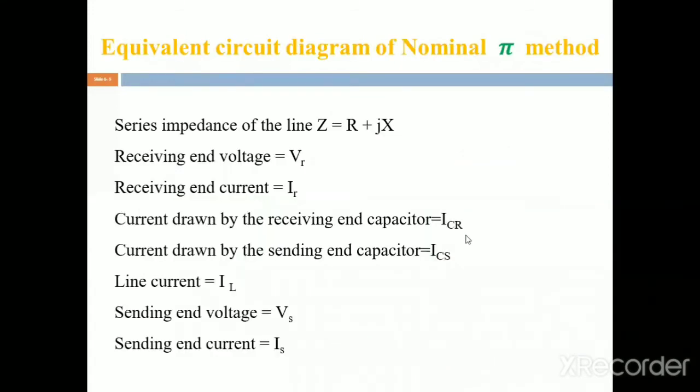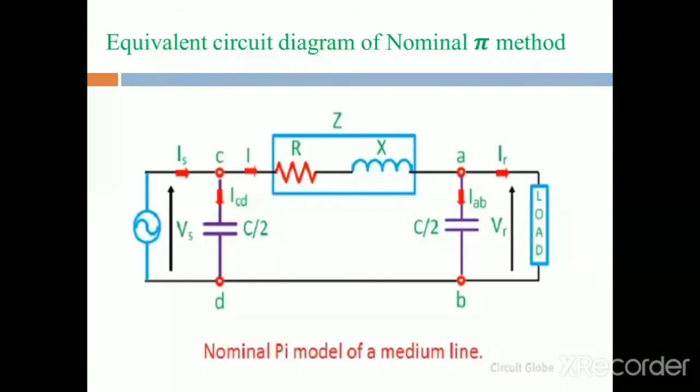Next, the current drawn by the sending end capacitor is ICS. In that diagram, ICS is equal to ICD.